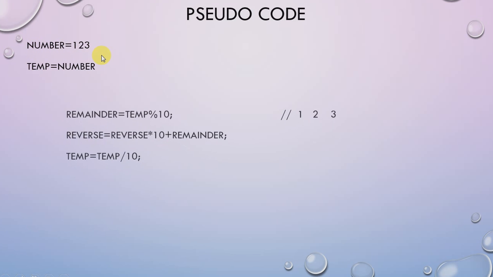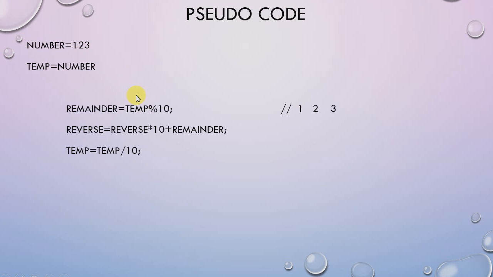Now I am taking the remainder of the temp variable. Now 123 is in the temp variable, and when I take the remainder it will give 3, the last digit of temp. And now I am saving it in another variable called reverse. In this way, reverse is equal to reverse multiplied by 10 plus remainder.